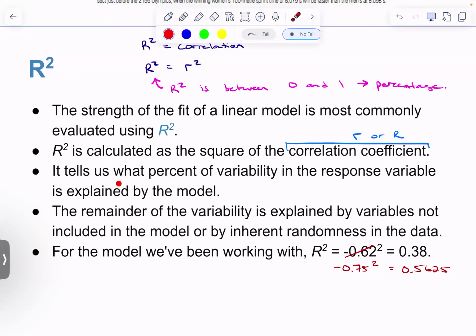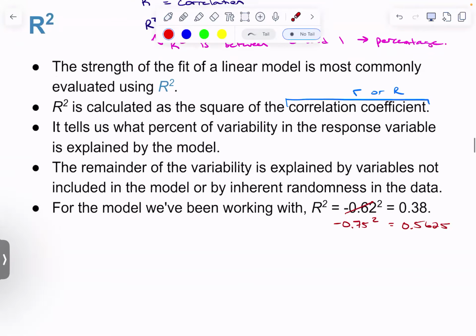So the R squared tells us what percent of variability in the response variable, which is your Y, is explained by the model. I'm going to give you a slightly longer definition in a bit. But what that means is that the remainder of the variability, the spread around the line, is explained by variables that are not in your model. Anything that's not X that could be impacting your Y's.